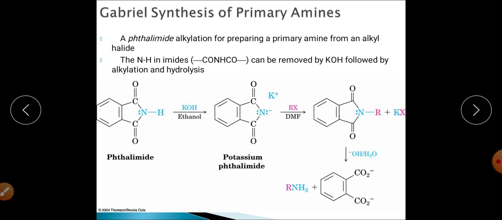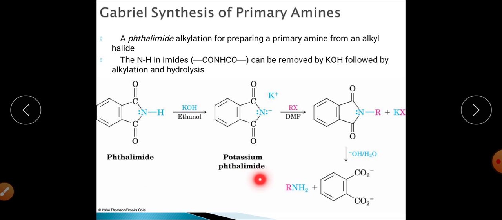When it is allowed to react with potassium hydroxide, this phthalimide will undergo deprotonation, meaning the OH negative will attack this proton and it will be abstracted and will form potassium phthalimide.